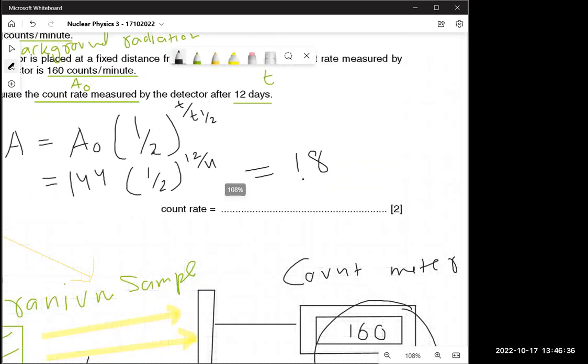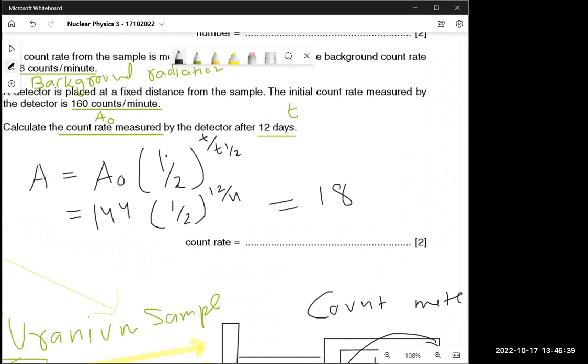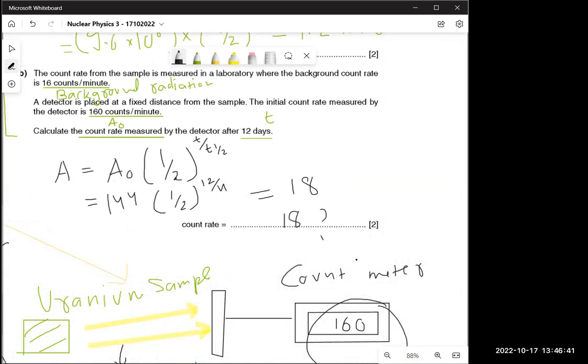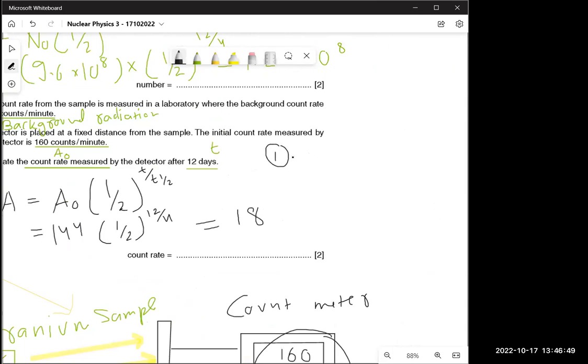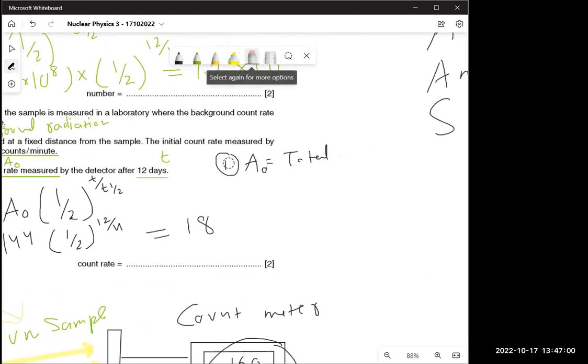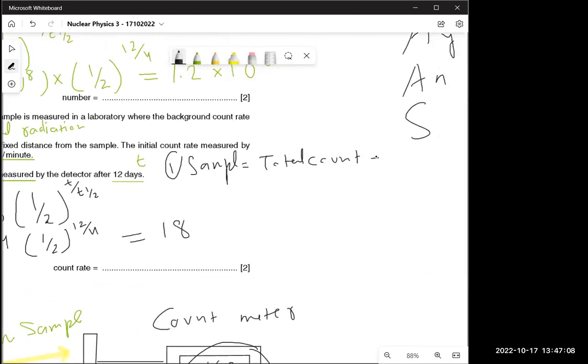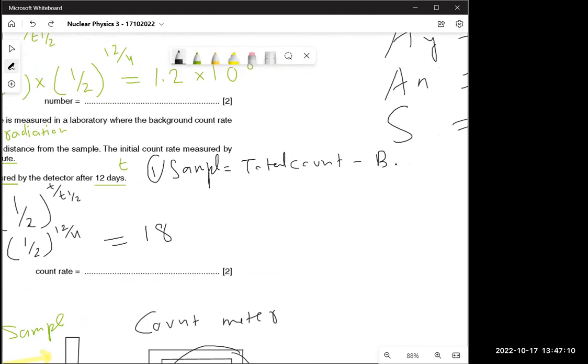Now, count rate 18. That's the activity of the sample. Now, is 18 the answer? Nope, it is not. Look, what we did first: the sample activity was total count minus background radiation, BR.